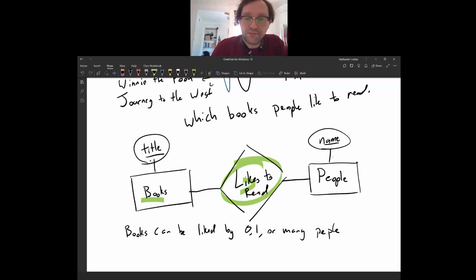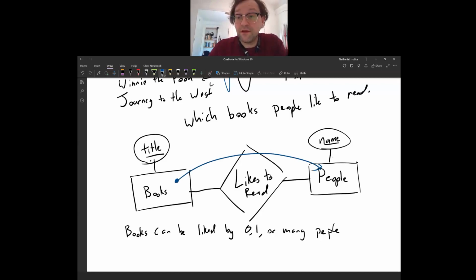It's called a participation constraint because if you imagine that there's a particular book here, is this book connected to a person or not? If there's a connection between them, then this point can be said to be participating in the connection.